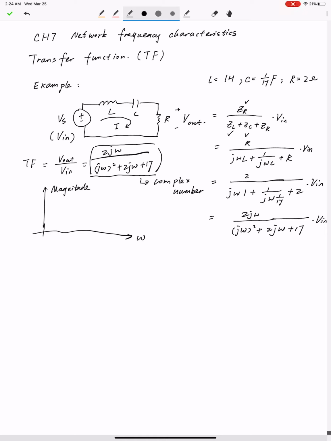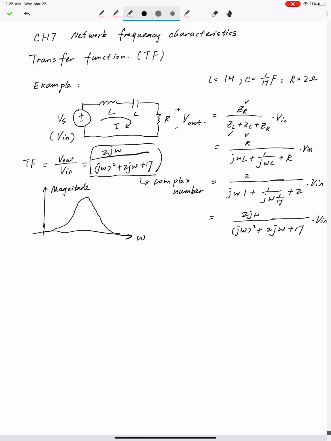This is the complex number before simplification, but you need to know that this rational expression is a complex number. Therefore, we can plot its magnitude, and you can do that by using MATLAB. After you input this function into MATLAB, the plot looks something like this.